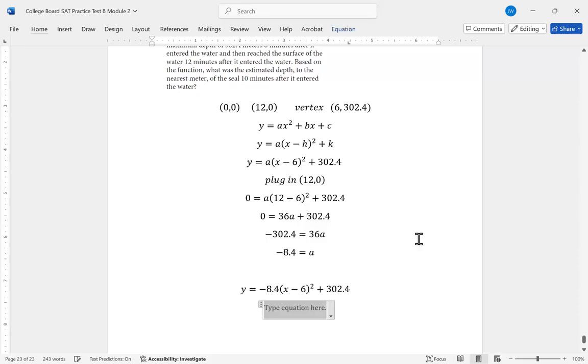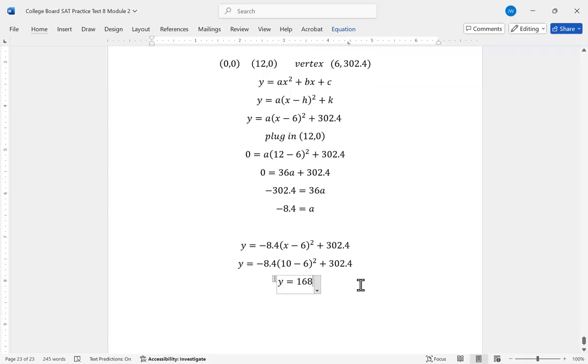If we're looking for the depth, that's the y value. The x value is minutes after we've entered the water, so negative 8.4 times 10 minus 6 squared plus 302.4. That's just going to be 4 squared, so negative 8.4 times 4 squared plus 302.4 gives me a y value of 168.